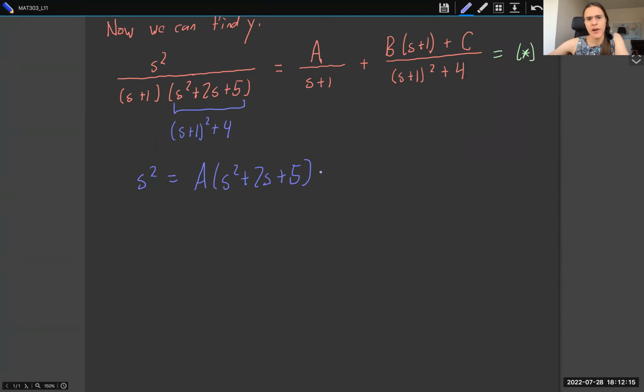Then we're going to have b times s plus 1 squared, plus c times s plus 1.